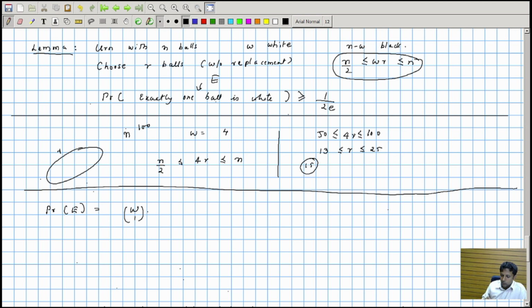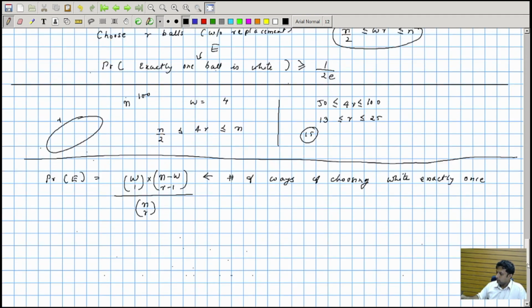This is the number of ways in which white balls could be picked, and the remaining balls all have to be black. So n minus W choose R minus 1. This is the total number of ways of choosing white exactly once, and this should be divided by the total number of ways of choosing R balls. That would be n choose R. And we need to show that this probability is greater than 1 by 2e.